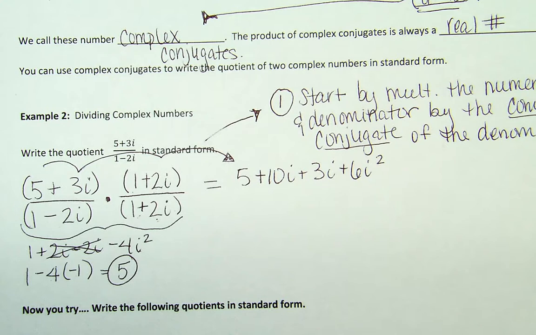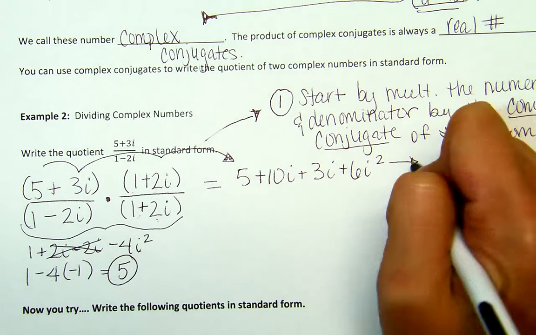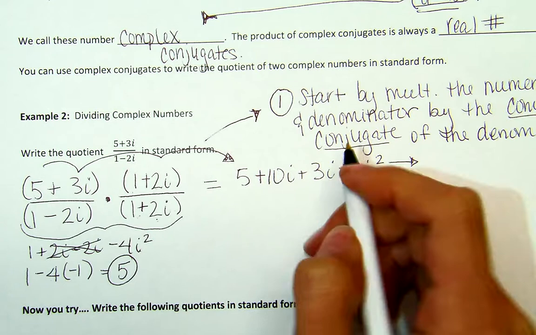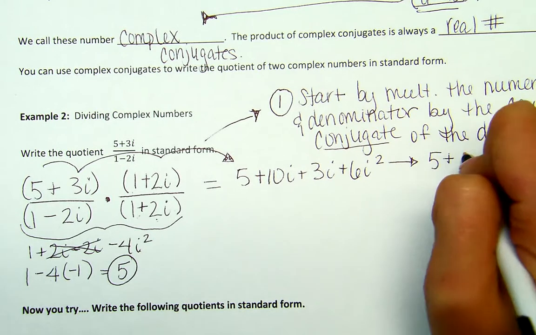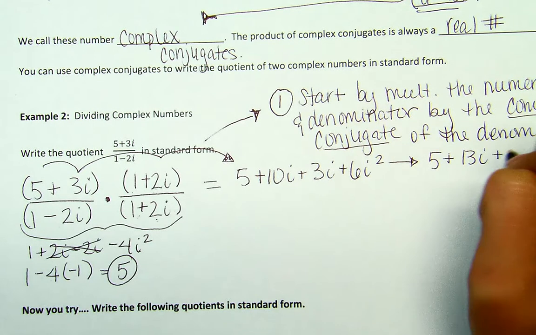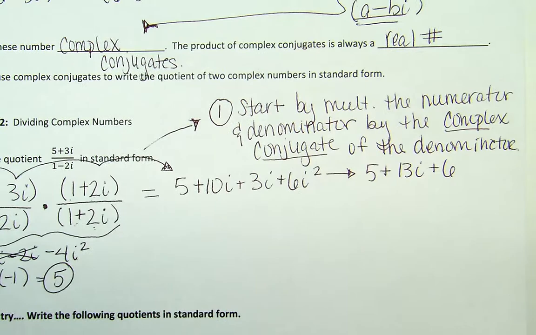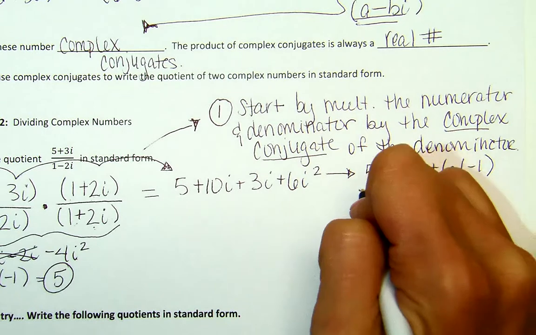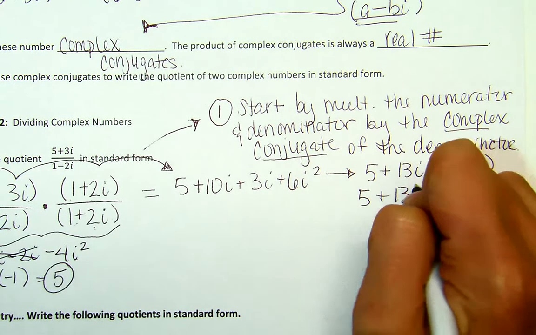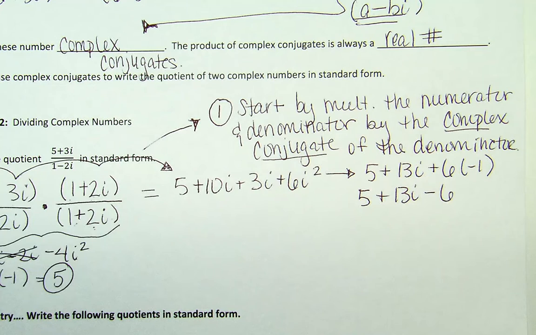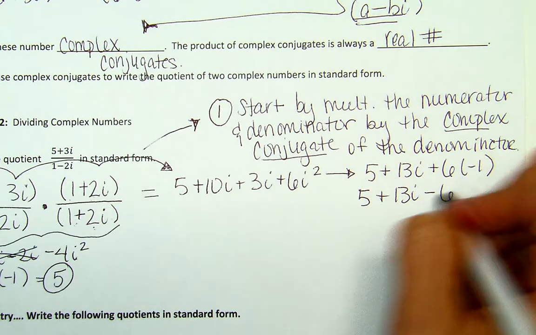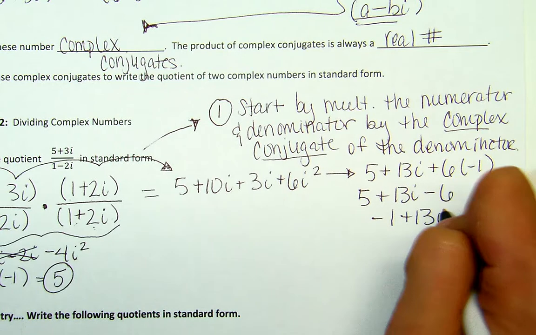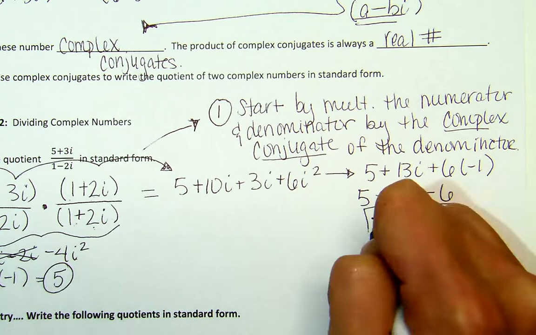If I crunch these numbers together and combine our like terms, I'm going to get 5 plus 13i plus 6i squared. And of course, we can substitute in negative 1 for i squared. So if I rewrite this, I get 5 plus 13i minus 6. And we all know that negative 6 plus 5 is going to give us a negative 1. So we get negative 1 plus 13i for our numerator.